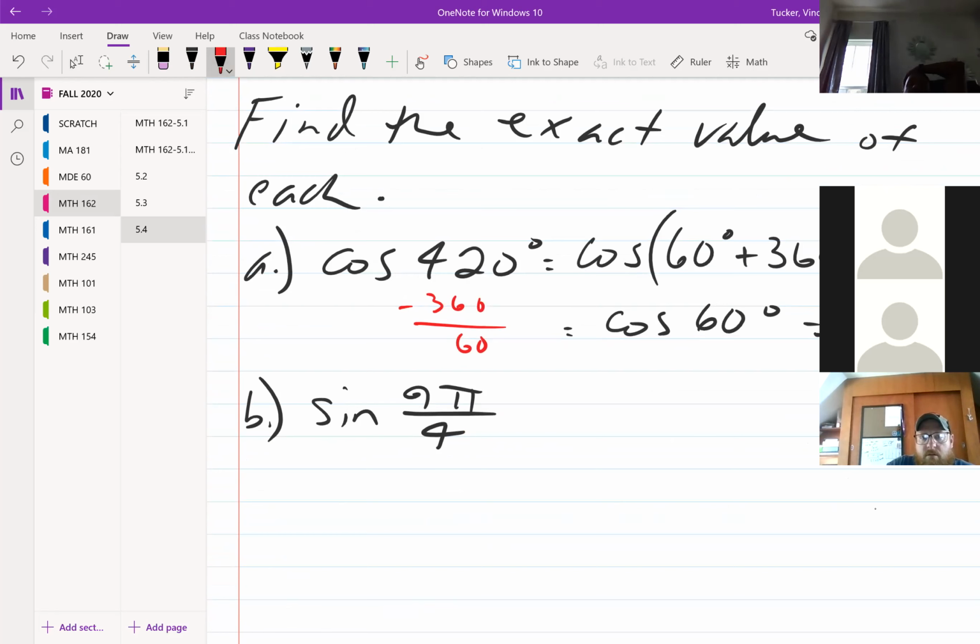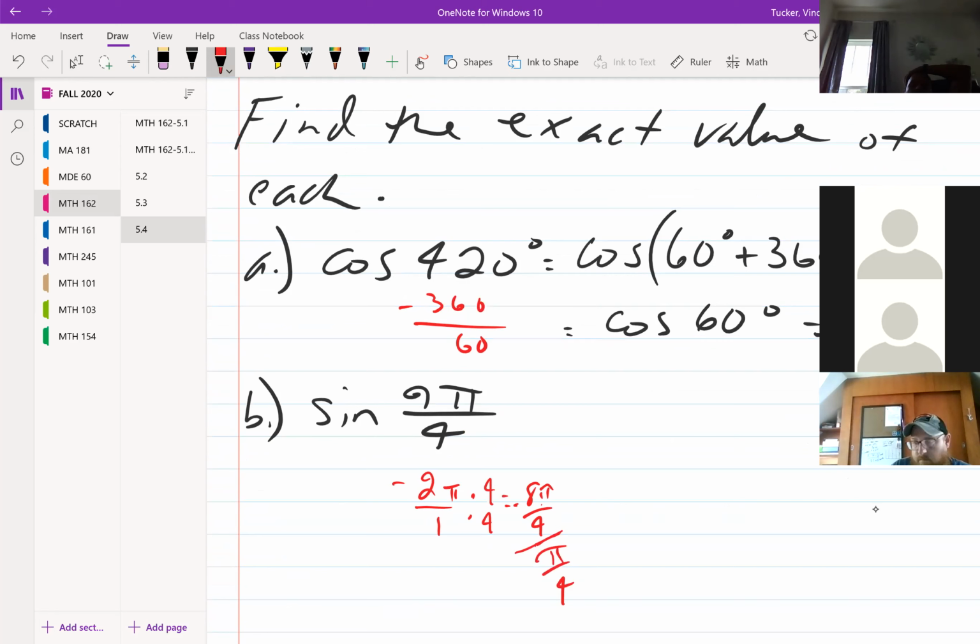For the next one, sine of 9 pi over 4, same thing except we're dealing with radians. So we're subtracting 2 pi. 2 pi with the denominator of 4 is going to be 8 pi over 4. So we subtract 8 pi over 4 from 9 pi over 4.